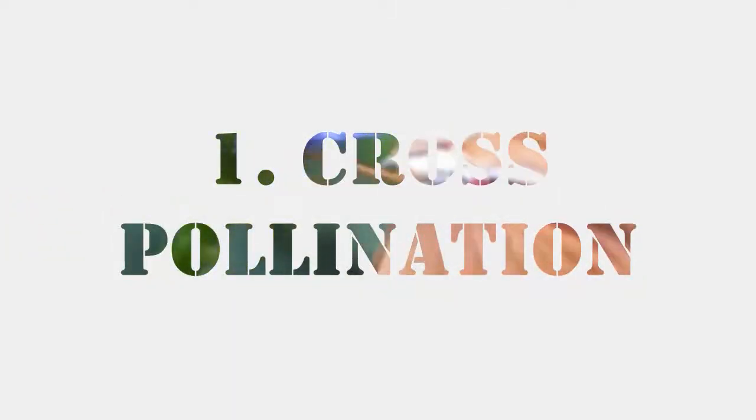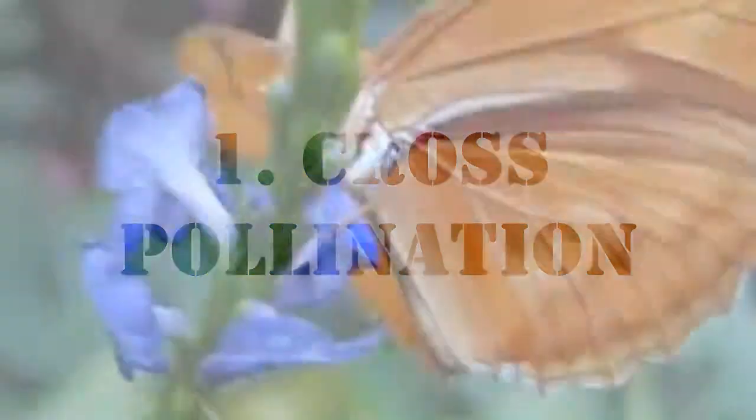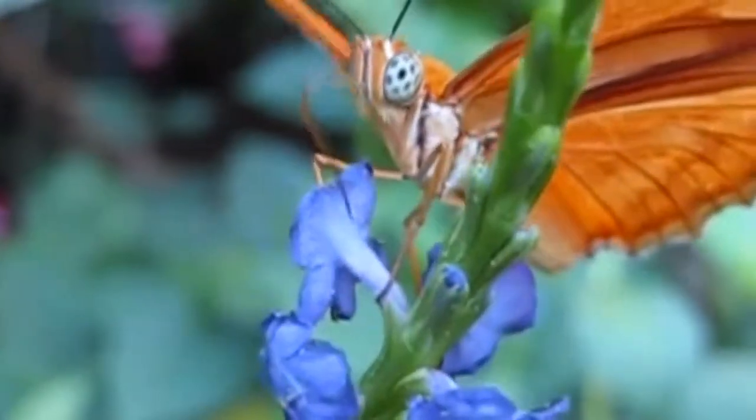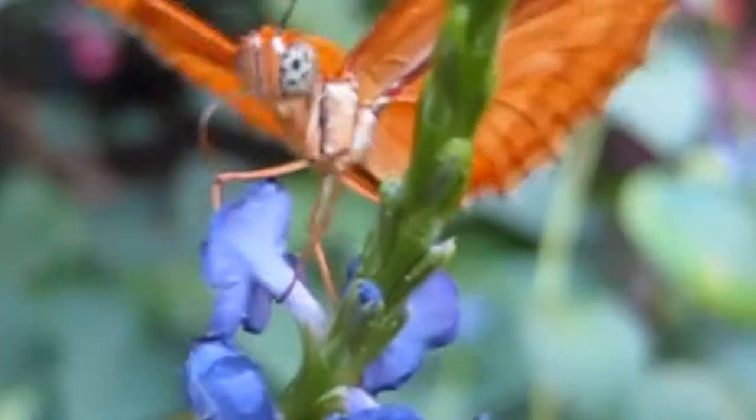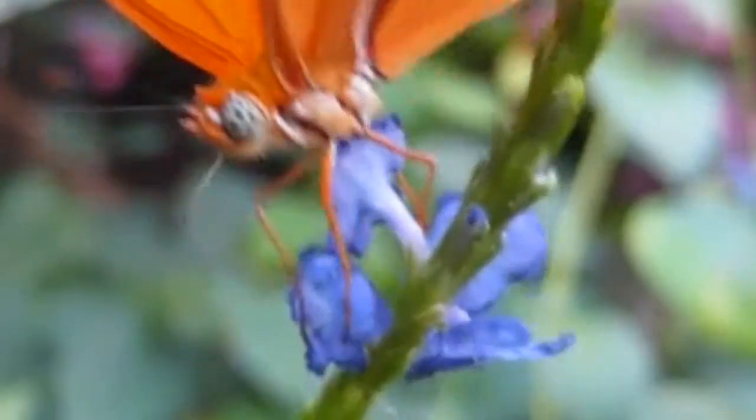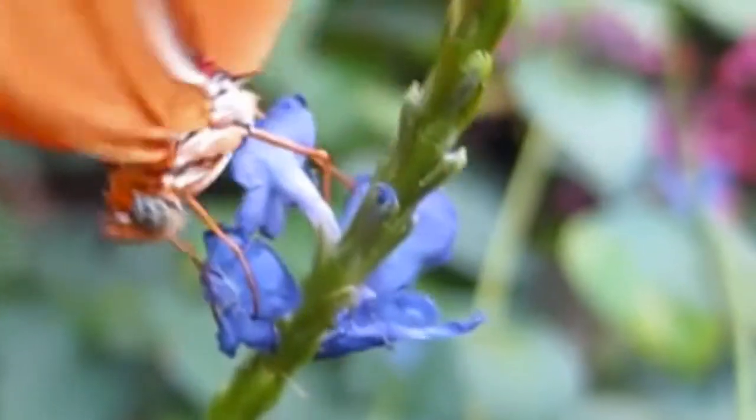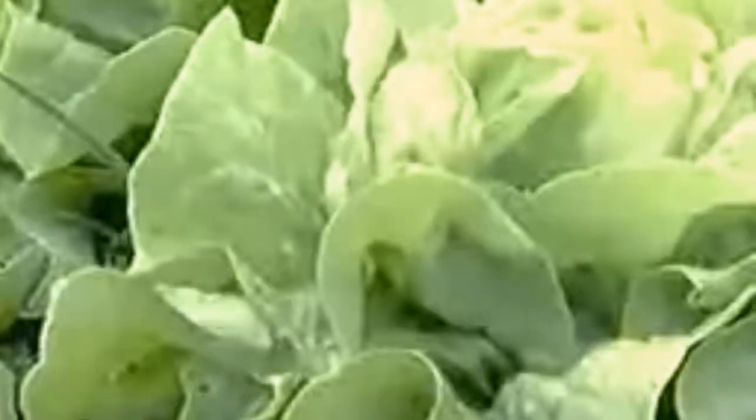The first one is the environment, cross-pollination. The potentially negative environmental impacts of GMOs are numerous, and many are as yet unknown and could be irreversible. These include the loss of flora and fauna biodiversity, unintended harm to other organisms, and reduced effectiveness of pesticides.